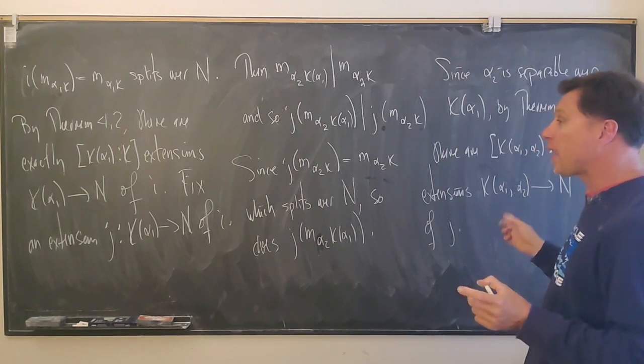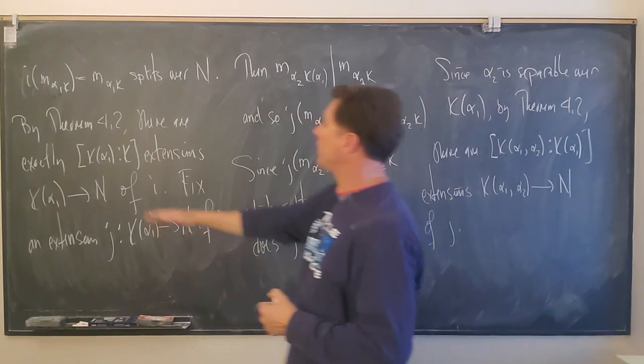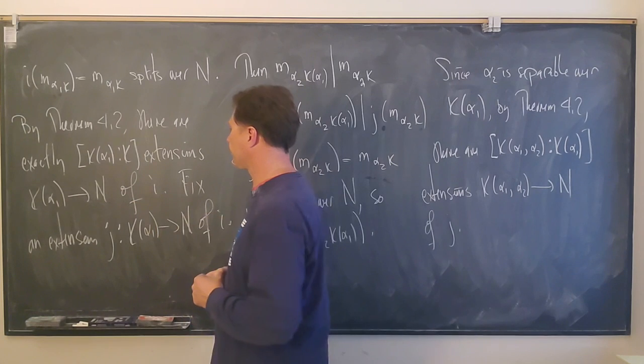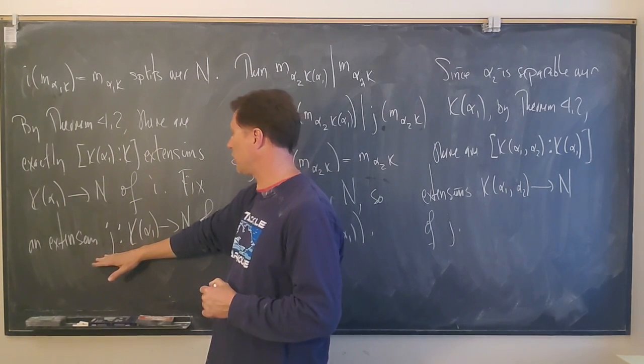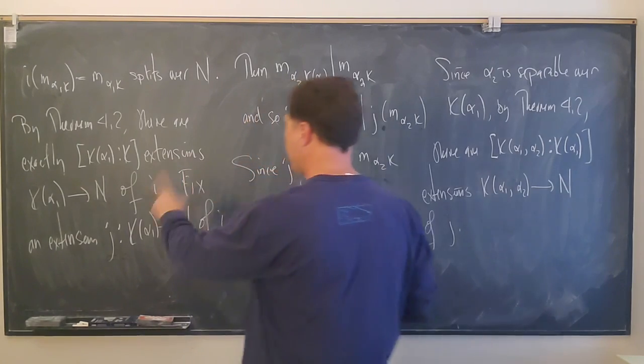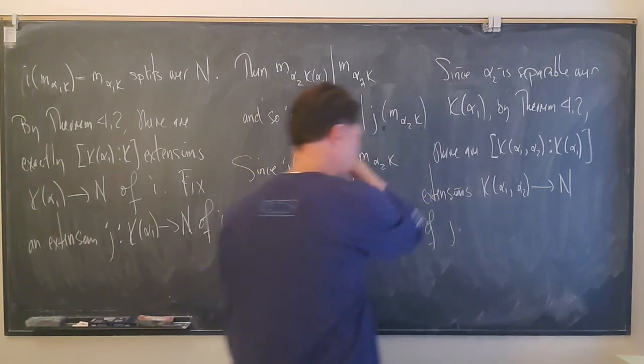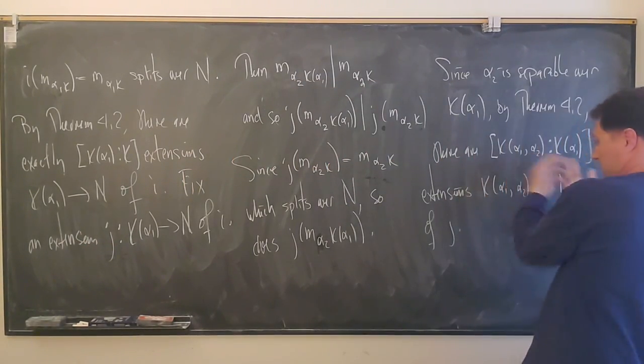All right, so now what do we have? We have this many extensions of I. And so we picked one of them. So J is an extension, or each of those J's. And then for each of the J's, we get this many extensions.